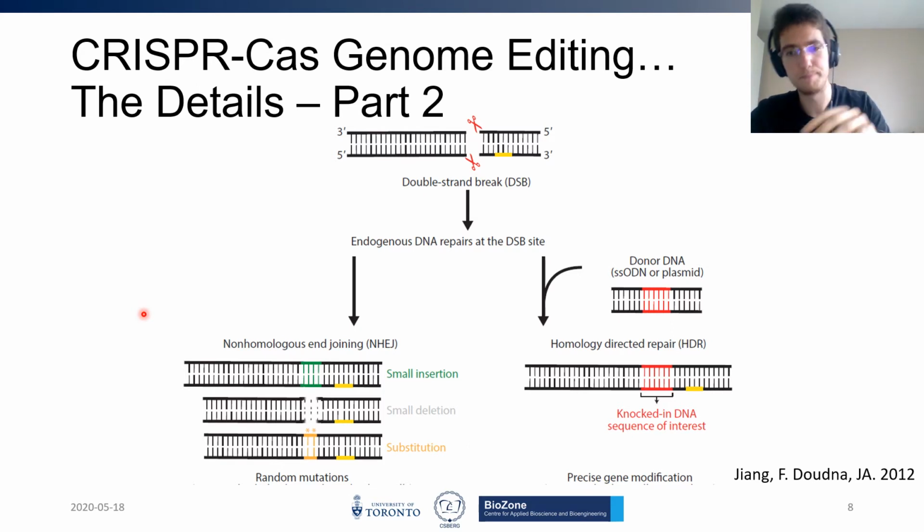The second method is a little bit more specific. So in the second method, what a researcher would do is they would get their double-stranded DNA break, but their cells would also carry a double-stranded piece of DNA called a donor DNA or template DNA, right?